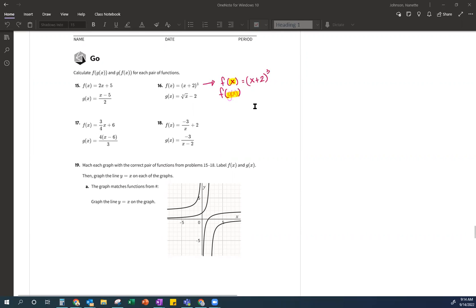That makes sense? Okay, so what's going to happen is every time I see an x, I'm going to put a g of x instead. And in fact, instead of putting g of x, I'm going to put what g of x's other name is. So g of x is like the name of the function, and this is what the function does, right?